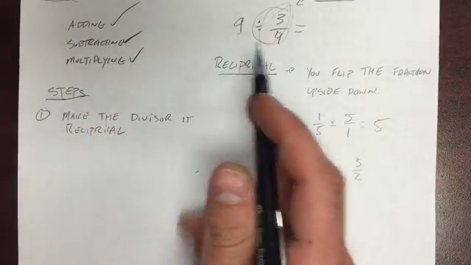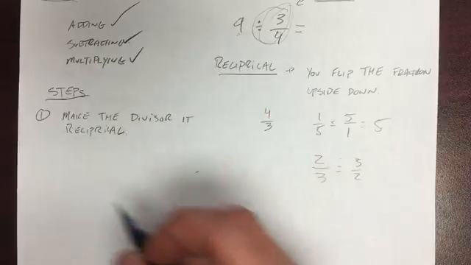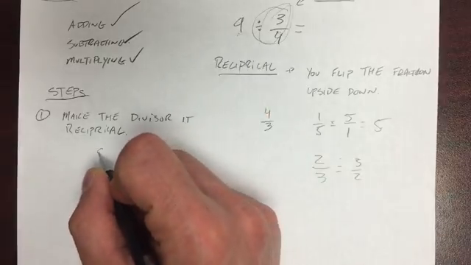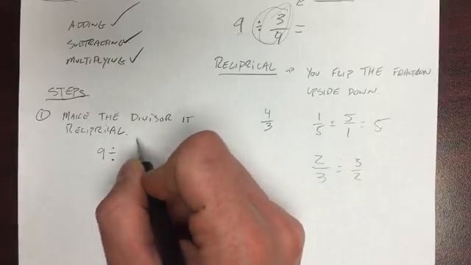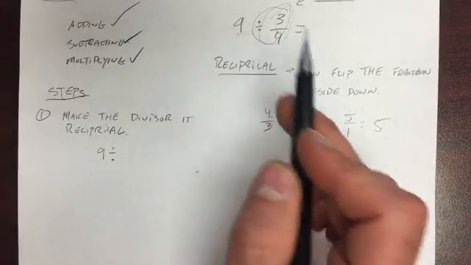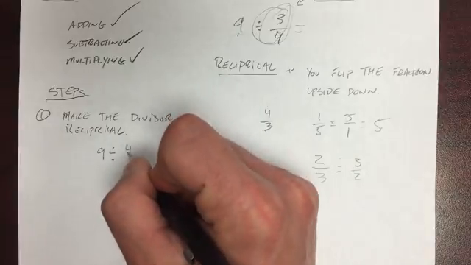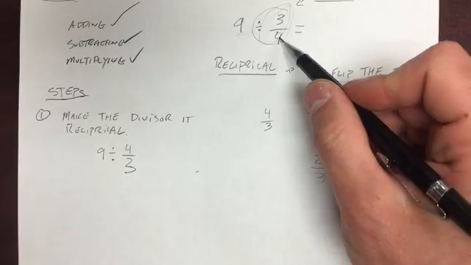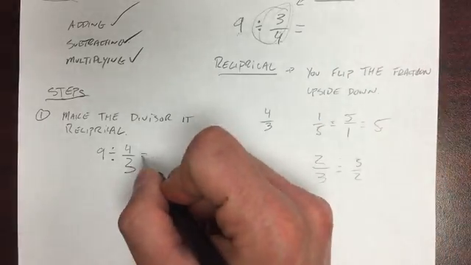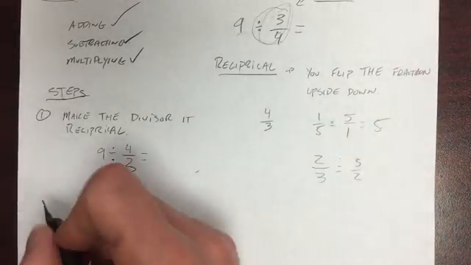So if we're going to go ahead and do that, we can say 9 divided by, what's the reciprocal? 4/3, right? Because it's 3/4 here, it's going to be 4/3 down here. So step 1 is done.